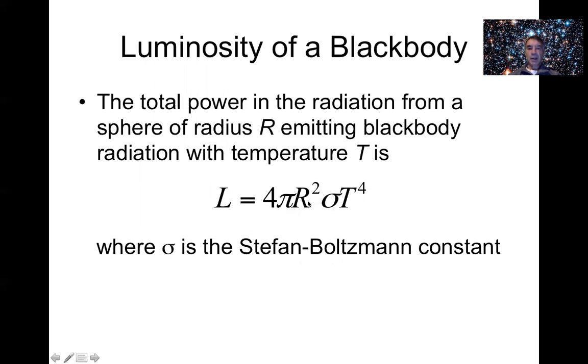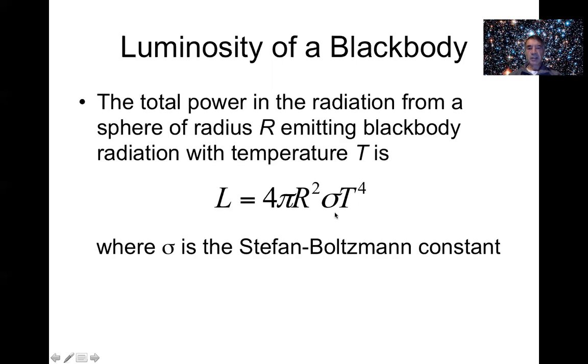Hopefully you recognize this term here, 4 pi r squared. That would basically be the surface area of your sphere. So you can think of sigma T to the 4th as the amount of energy per unit time per unit area being emitted by this sphere. You just scale up by the area of the sphere to get the total luminosity. So you can see that this is a useful concept.